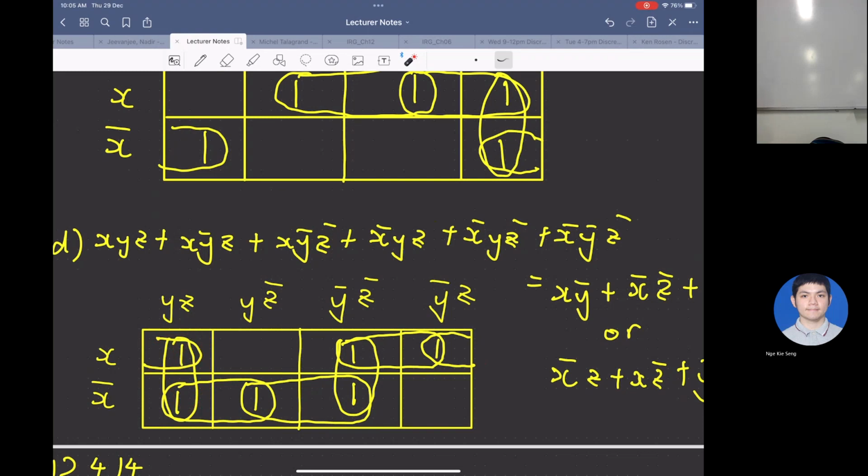So it's not the largest one that covers the one in the K-map. You can see that actually for all these blocks, they are not essential, because all the ones in the blocks are covered by the other blocks.